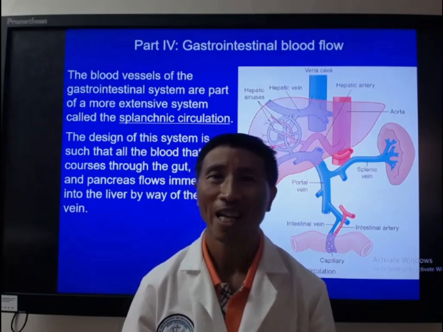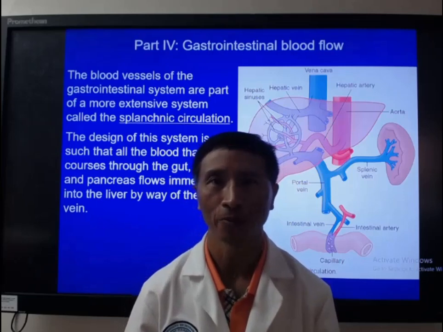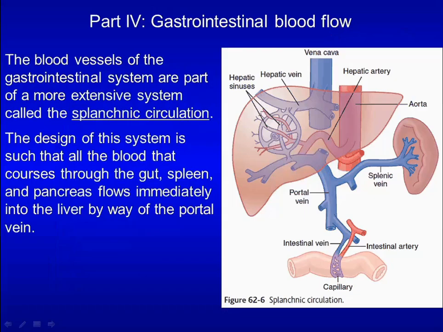Now, let's move to part 4. We will look at gastrointestinal blood flow. The blood vessels of the GI system are part of splanchnic circulation, in which all the blood that courses through the gut, spleen, and pancreas flows immediately into the liver through the portal vein.